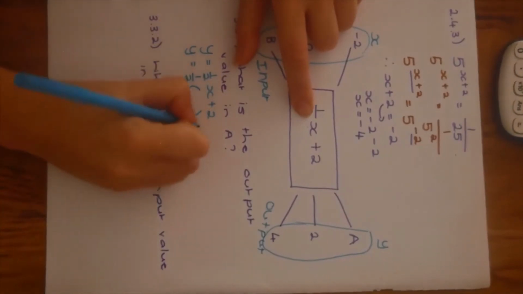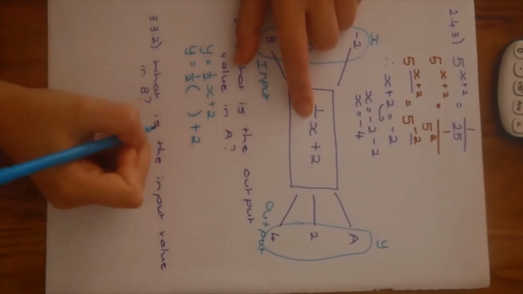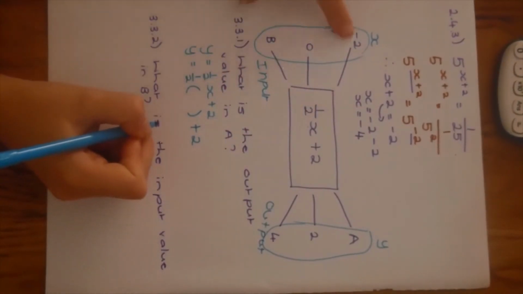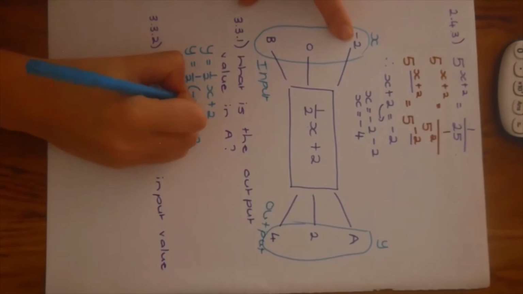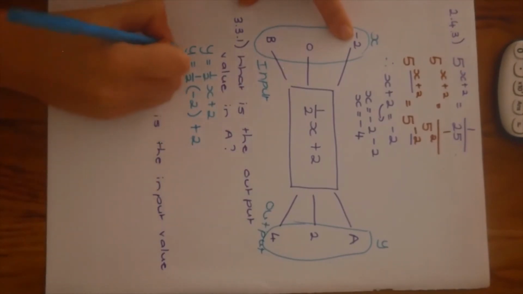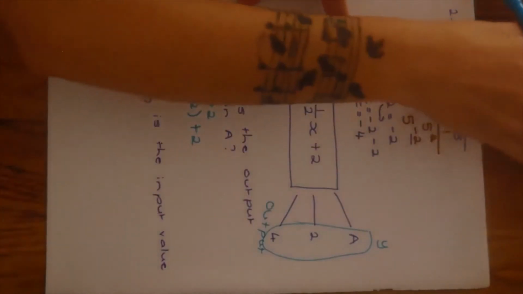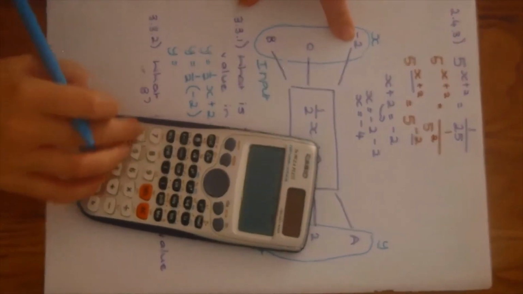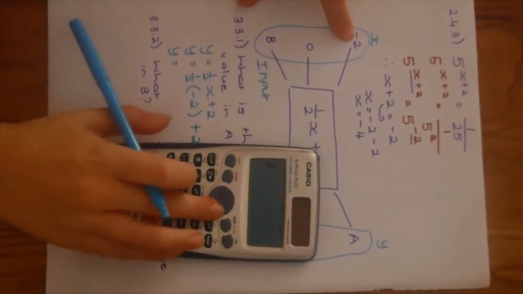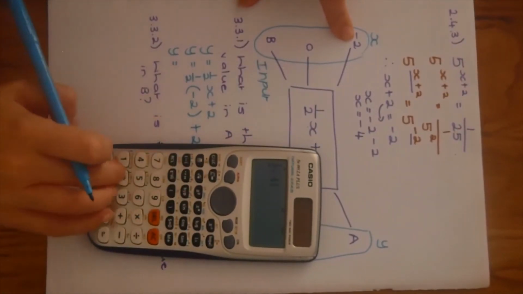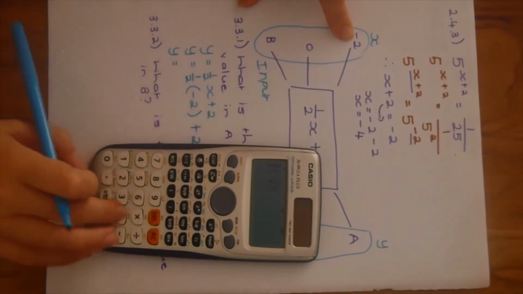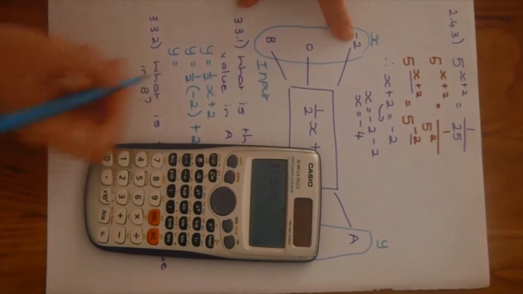So instead of x, I'm now going to write a bracket, and then I'm going to replace it with the input value. Okay, and that's nice and easy. All I have to do is punch that into my calculator. So it's a half times -2, close my bracket, plus 2 is 1.